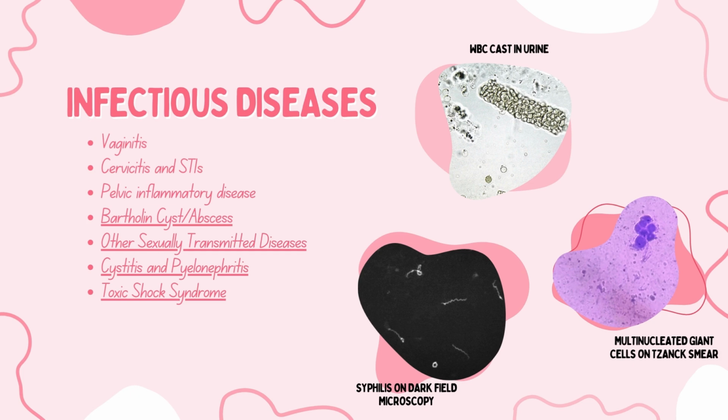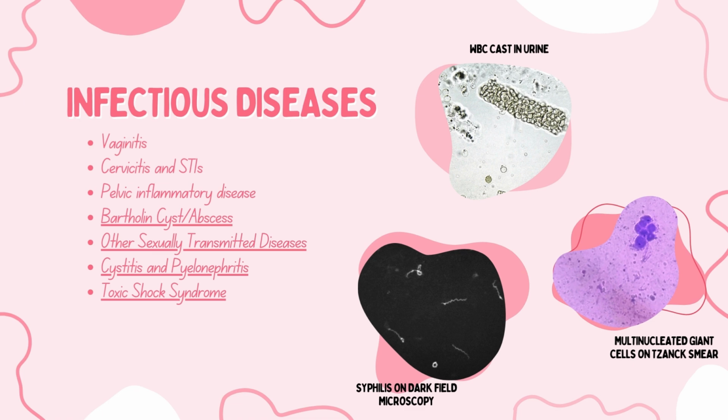It's easy to mistake as something else. The transmission is through direct contact of mucocutaneous lesions via sexual contact, so vaginal, anogenital, or orogenital, and it can be transmitted vertically, which means it can be transmitted from mother to baby via the placenta.